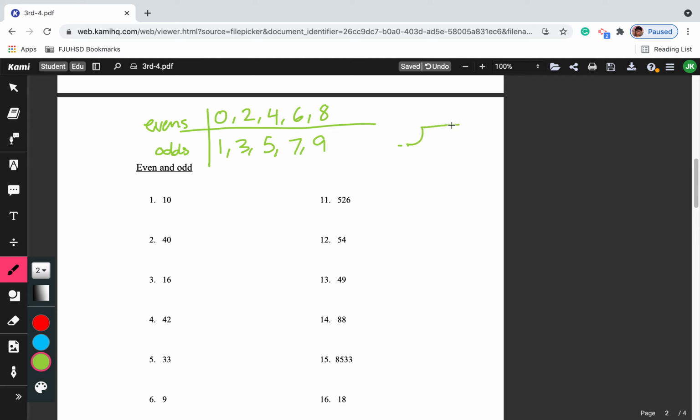Another way you could do this is divide any number by 2. For example, let's say 66. You divide by 2, that's going to be 33, and there's no remainder. If there's a remainder, that means it's odd.